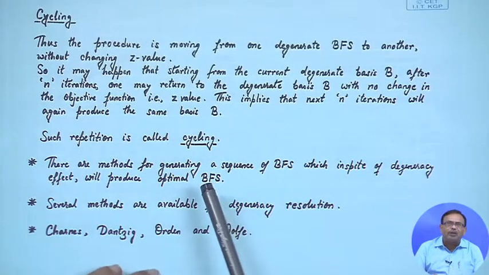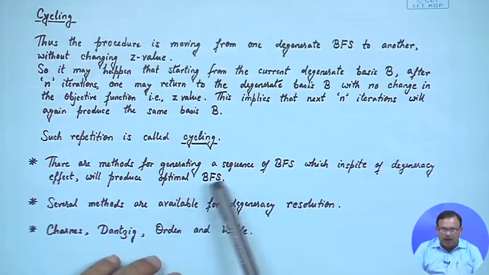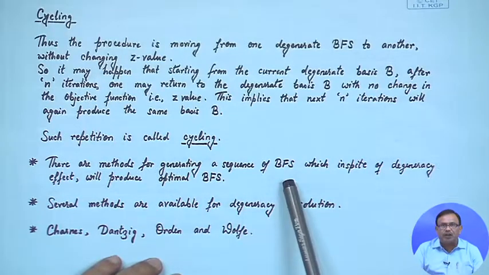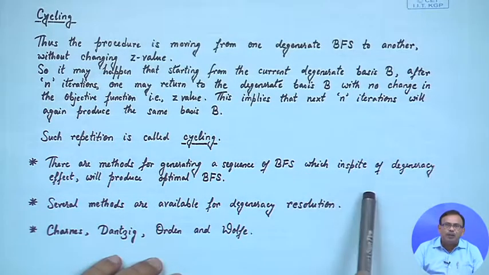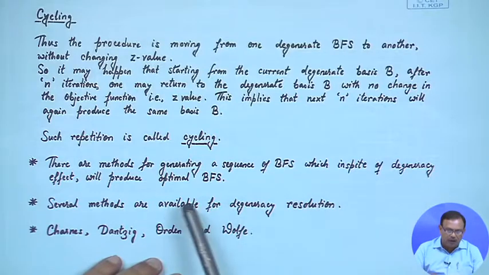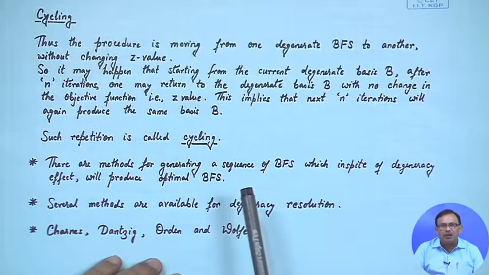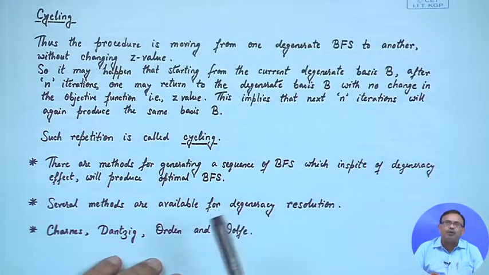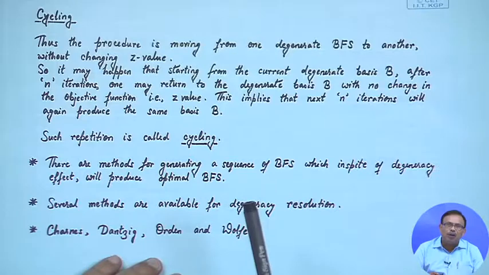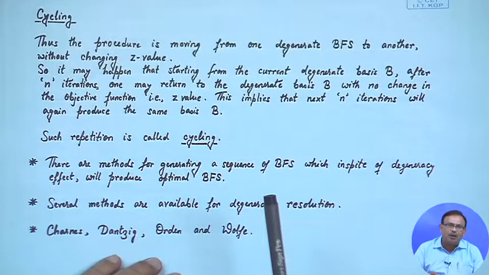So, there are methods for generating a sequence of basic feasible solutions which, in spite of the degeneracy effect, will produce the optimal basic feasible solution. So, basically we are saying that whenever degeneracy occurs, then usually if you try to follow the normal method, there will be no improvement in the objective function.